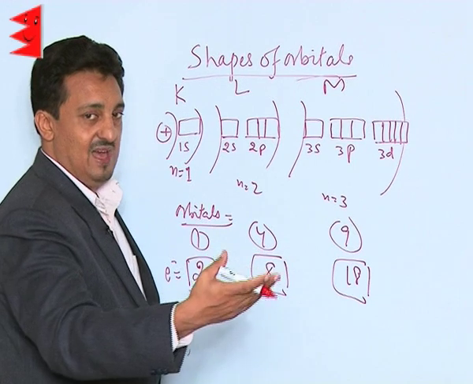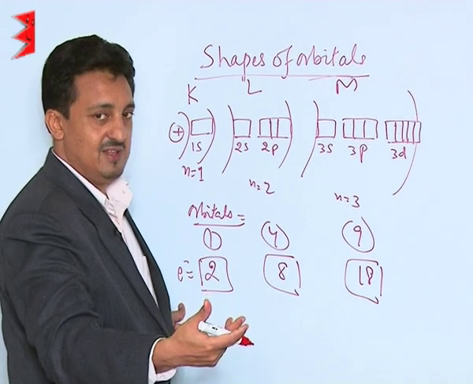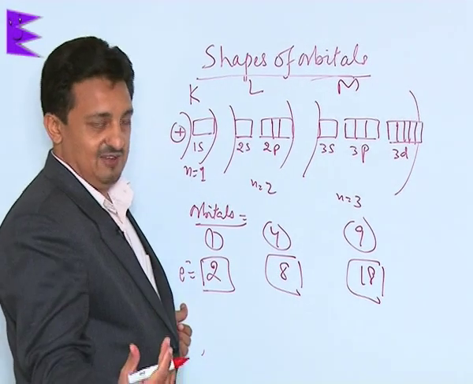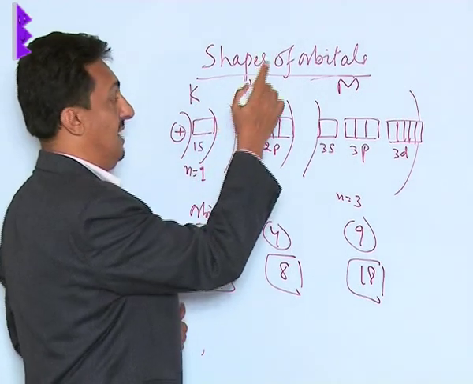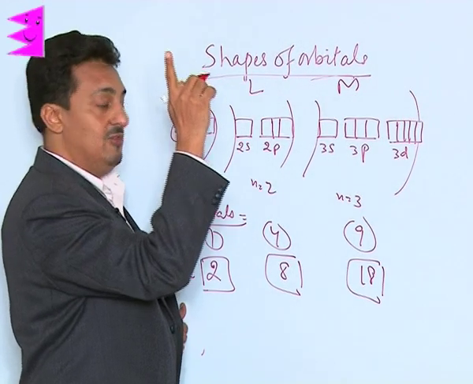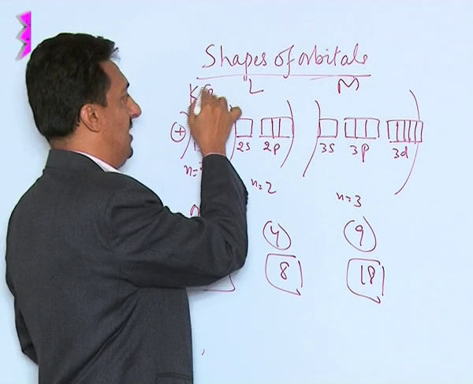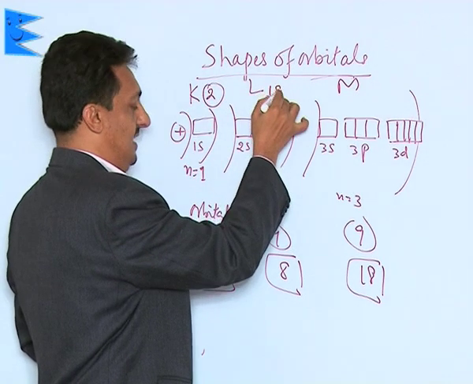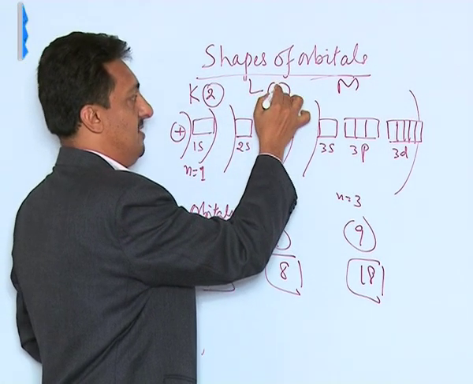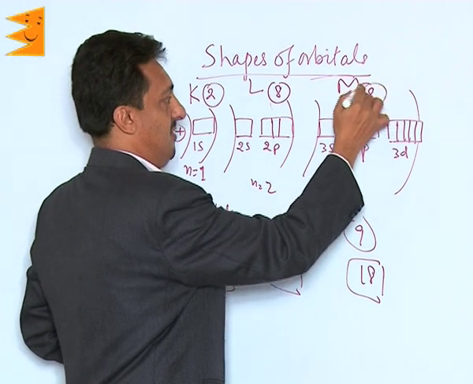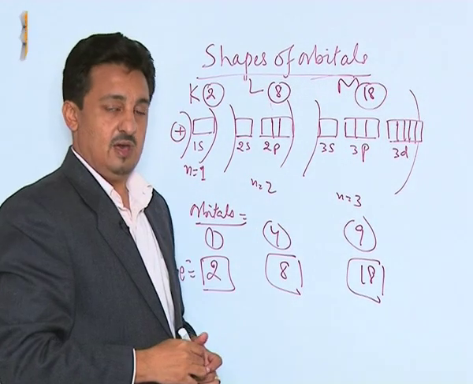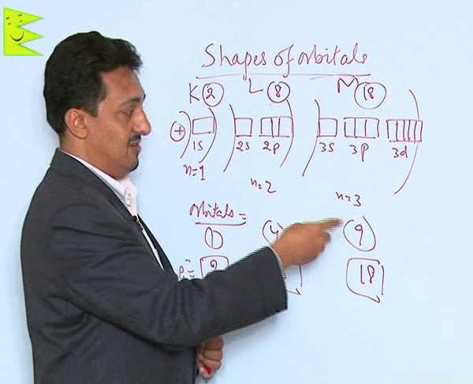The fifth one will have 25 orbitals, which can accommodate 50 electrons. So that is what we used to learn in junior class, that K can accommodate 2 electrons, L can accommodate 8 electrons, M can accommodate 18 electrons, N can accommodate a total of 32 electrons and so on.